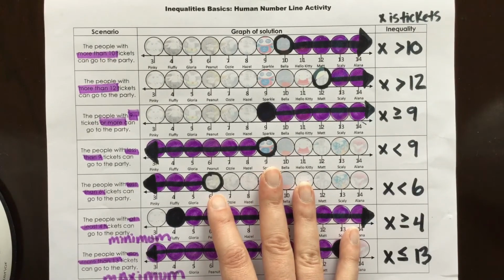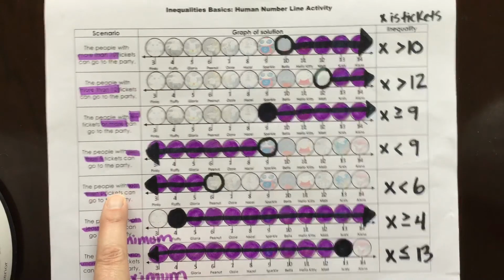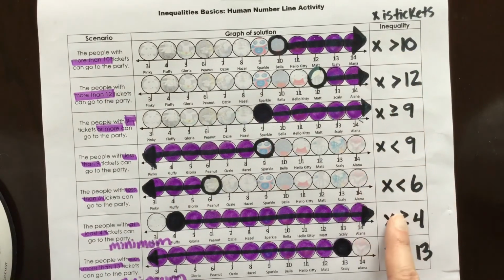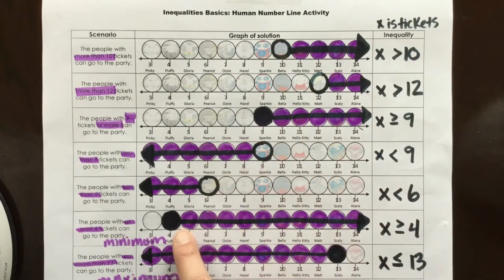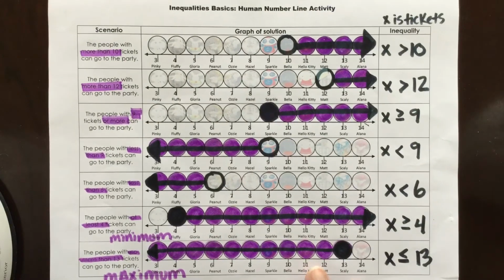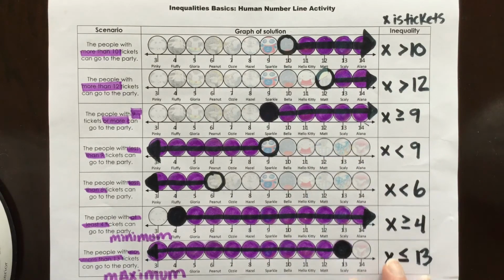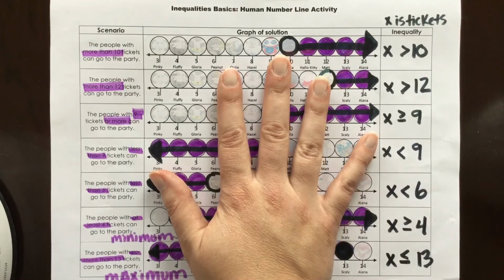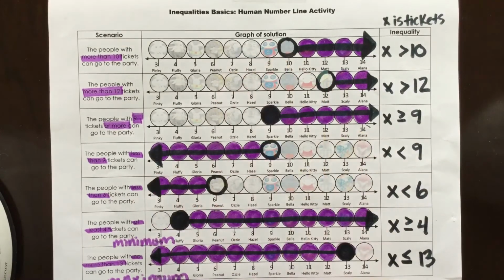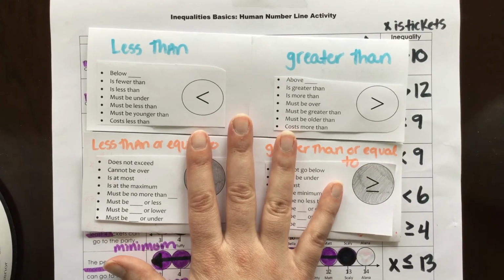What we already saw happening on the human number line is matching up with our verbal descriptions, is matching up with our algebra, is keeping the pattern of the graphing that we discussed, and everything is all syncing up to show equivalent ways of representing inequalities. This would be kept in your notes section, and this would also be kept in your notes section for future reference.